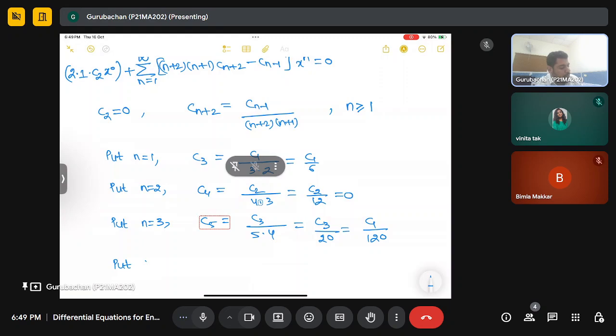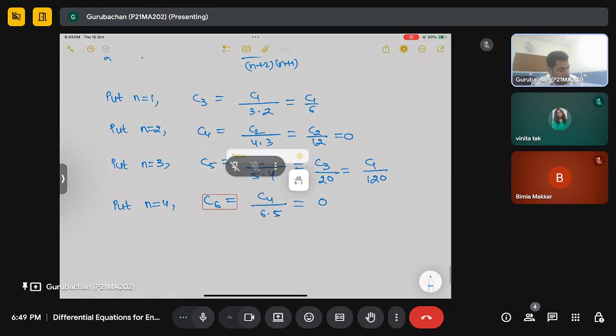Next, C6 will be C3 divided by 6 into 5, which will be equal to C0 by 180.